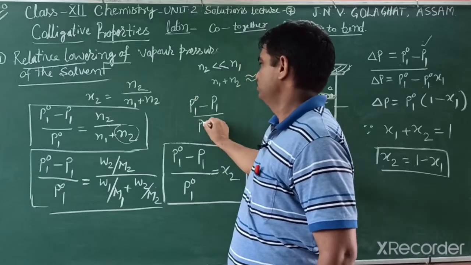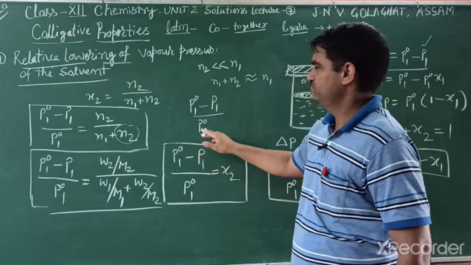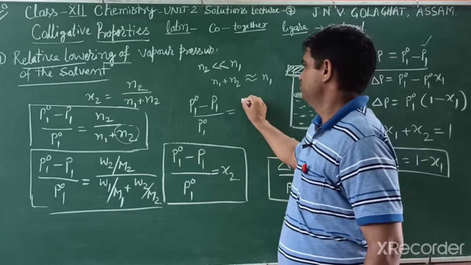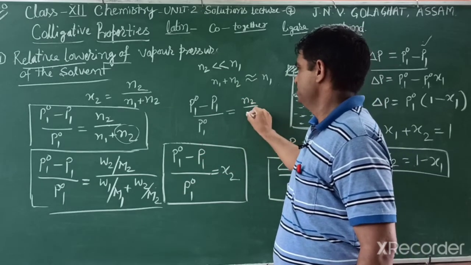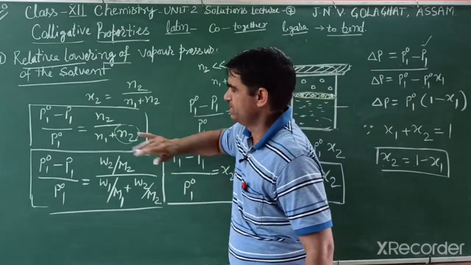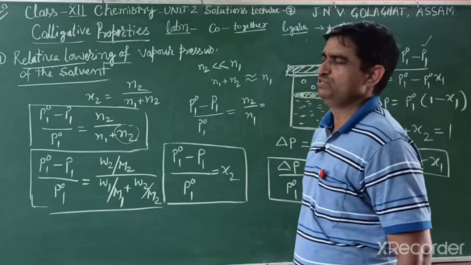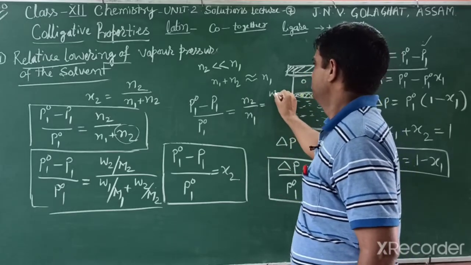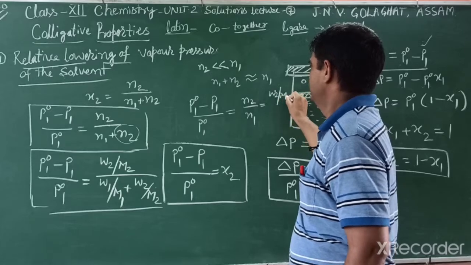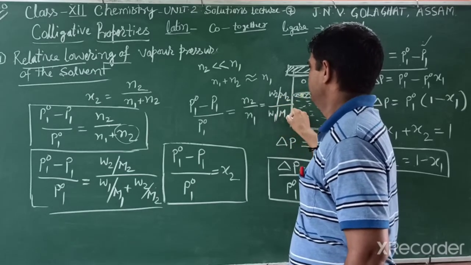Pure vapor pressure of the solvent minus vapor pressure of solution is equal to N2 by N1. We ignore the N2 in the denominator, or you can say, simplify the numerical, then W2 by M2 divided by W1 by M1.